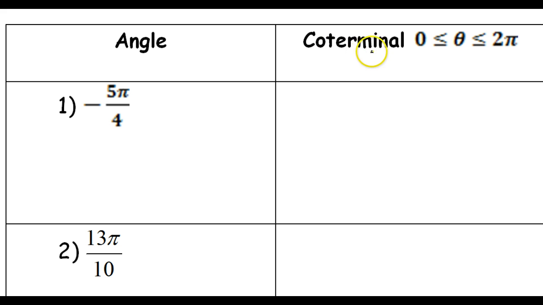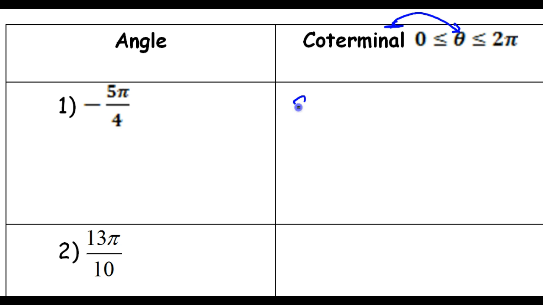Alright, when you're talking about coterminal angles, you are talking about adding or subtracting 2 pi to get yourself into this zone. So this is a negative angle, so clearly we're to the left over here somewhere, and we're trying to get from below 0 up into the range between 0 and 2 pi. So clearly we need to add 2 pi.